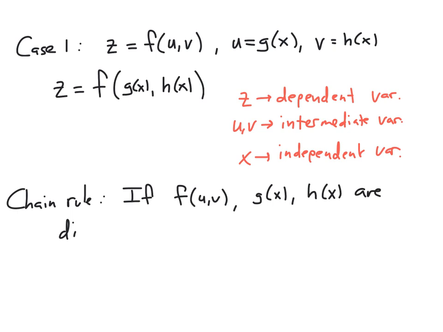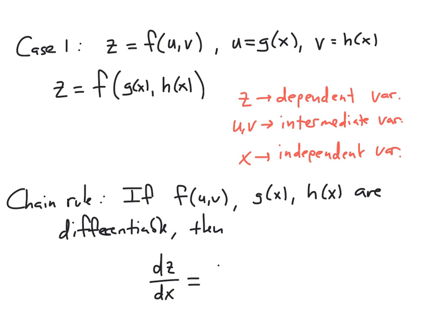All right, so if these are all differentiable functions in the appropriate context, then the derivative of z with respect to x, which is dz dx, I can write d here instead of del because z is a function of a single variable x. There's no multiple variables in this context.